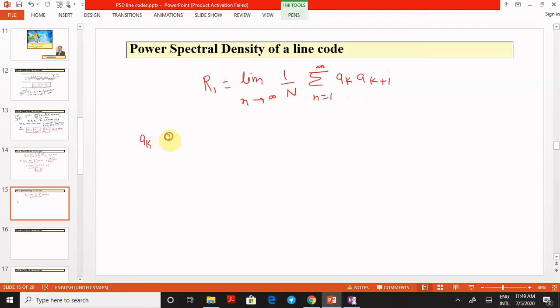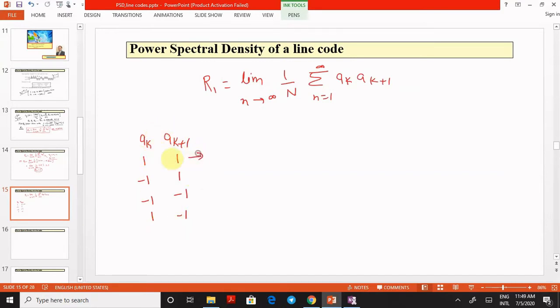In this case, we can simply find out all the probable situations: if ak is 1, then ak plus 1 can be 1. If ak is minus 1, then ak plus 1 again can be 1. If ak is minus 1, then again ak plus 1 can be minus 1. If ak is 1, then ak plus 1 can be minus 1, right? So ultimately we have found out all those probable situations, and we know that if we are having two variables, then the possible choices are 4.